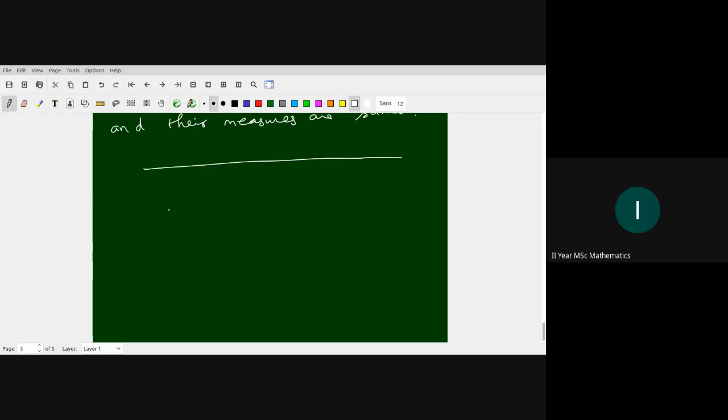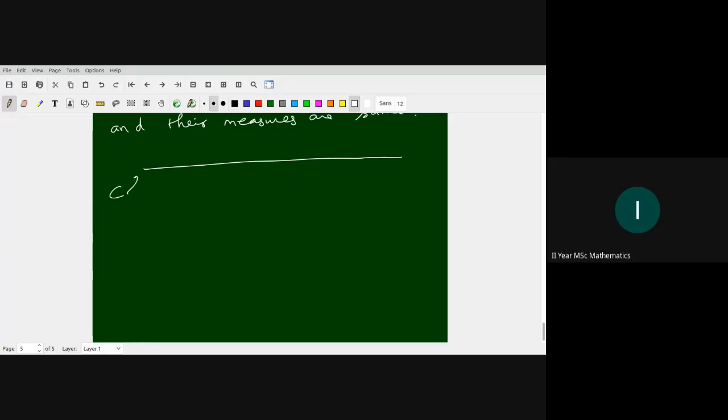Now come back to the proof. Construction of a non-measurable set.